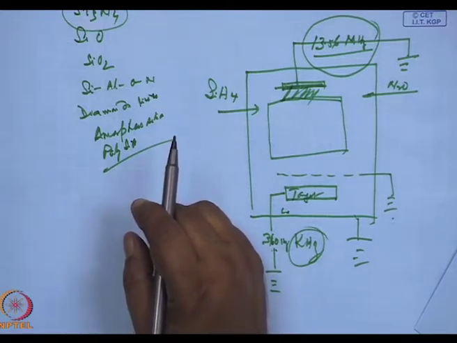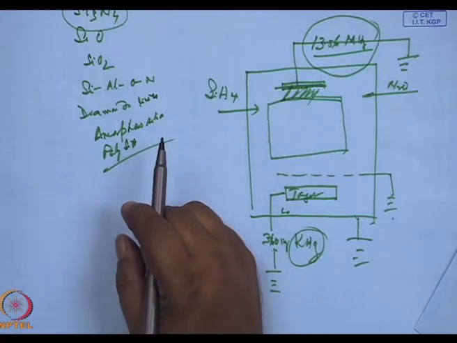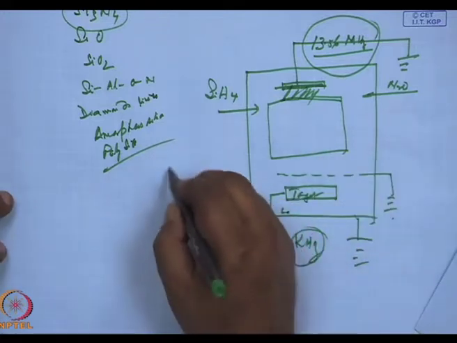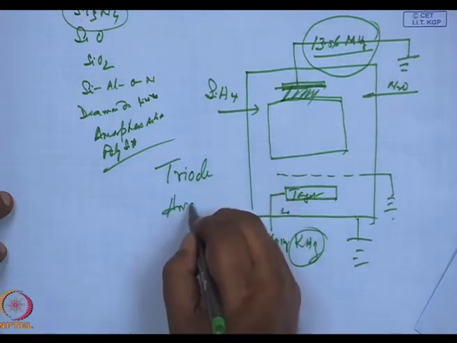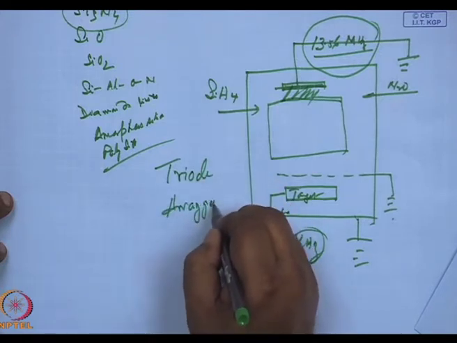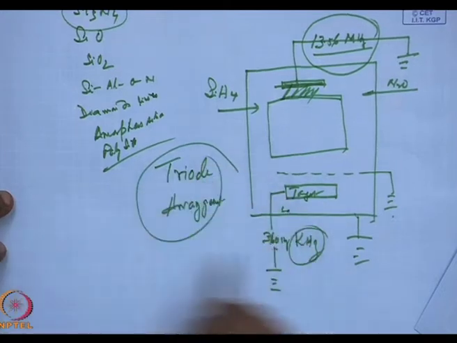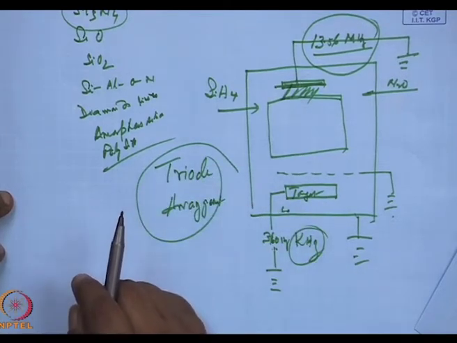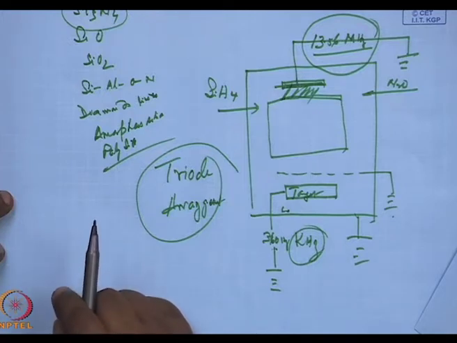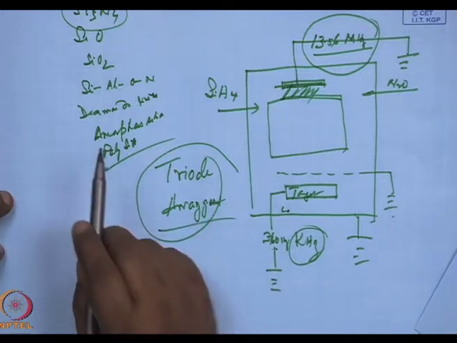We could additionally use here, this is called basically a triode arrangement. Like triode valves, which you have not seen, is a triode arrangement.